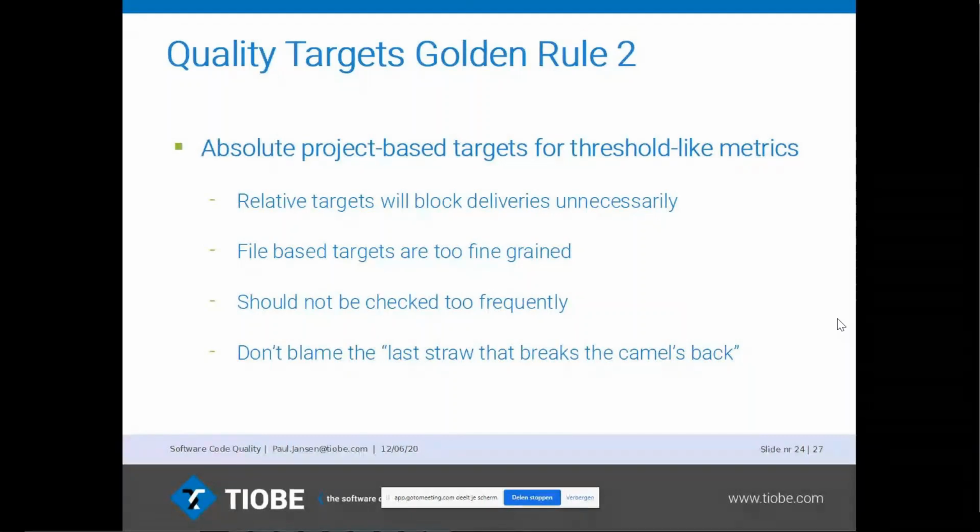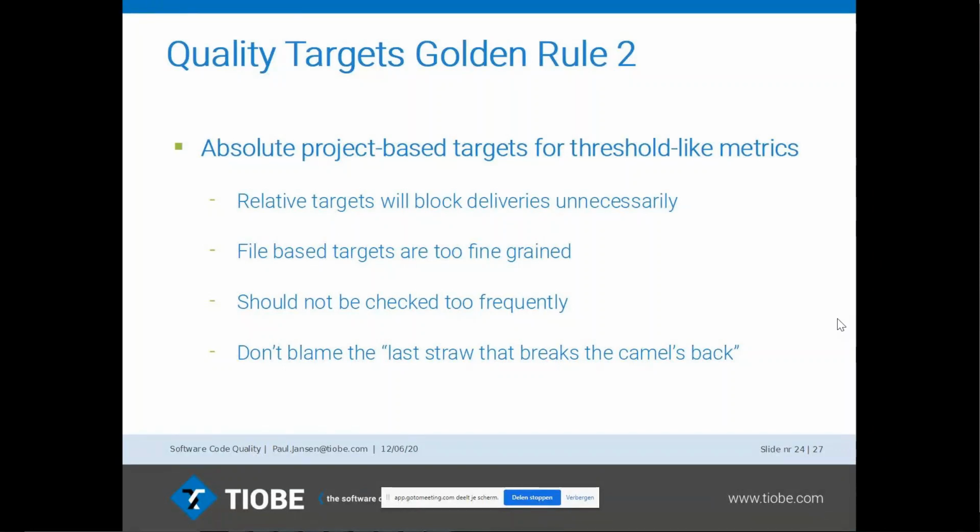Because you increase the cyclomatic complexity, which is of course a bit ridiculous. So you have to be very careful that not all the metrics can be used to set them in a relative way and for file-based. So that's why we say these ones you set at project scope. So if somebody adds an if statement, okay, there's no problem.